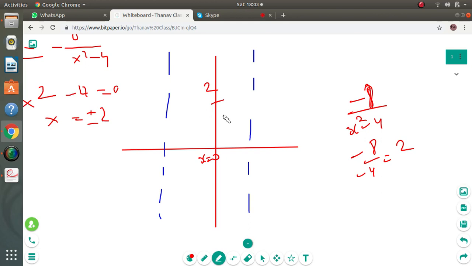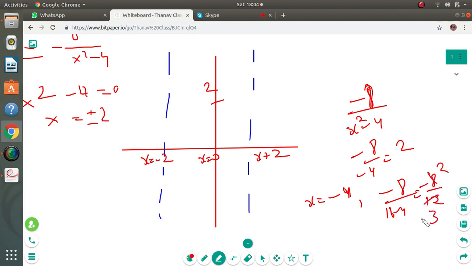And what about the horizontal asymptote you got? 0. And what about this value? Minus 2, this plus 2. Yeah, 2 and minus 2. Now take x equal to minus 4. Minus 2 by 3 here we have.